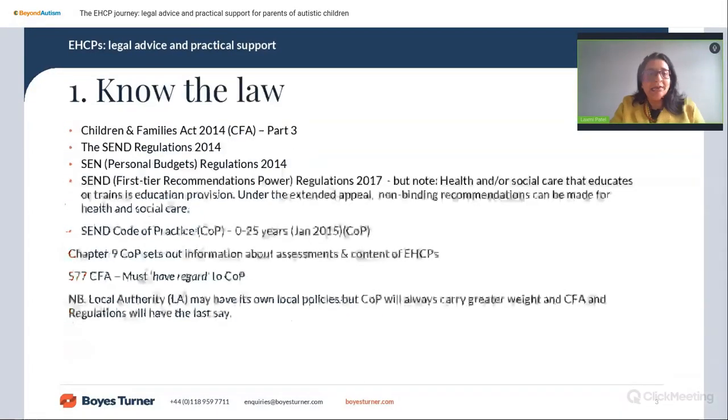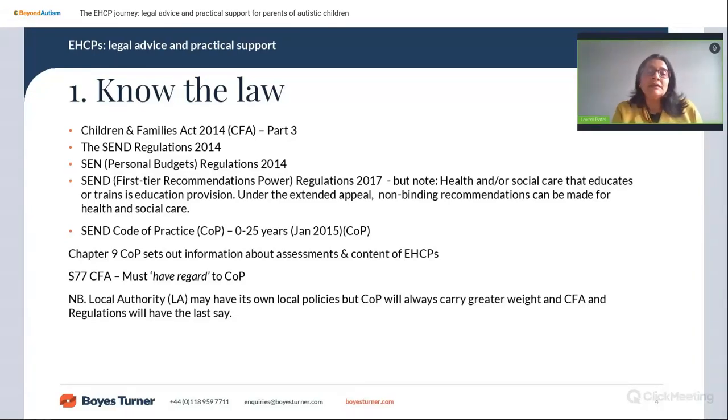So, kicking off, knowing the law. You're here to hear a solicitor talking about SEN and EHCPs. The law when it comes to EHCPs is fairly succinct and easy to find, in my view. Essentially, it's under Part 3 of the Children and Families Act. That sets out in broad terms what the law is trying to achieve, but the details are in the SEND Regulations 2014, which flesh out the act itself.